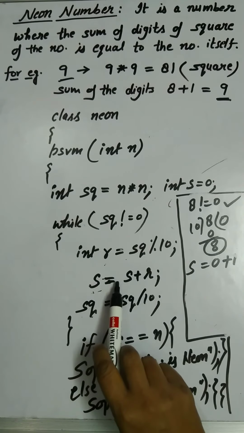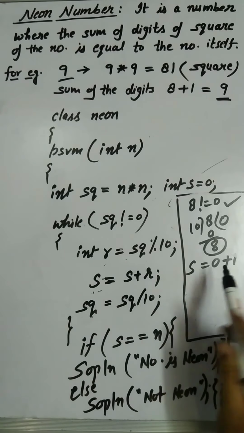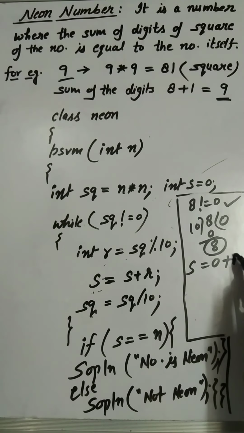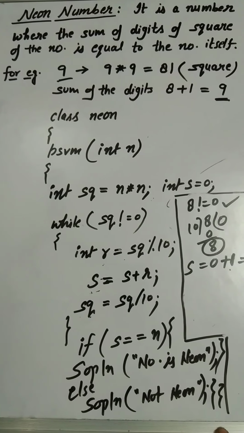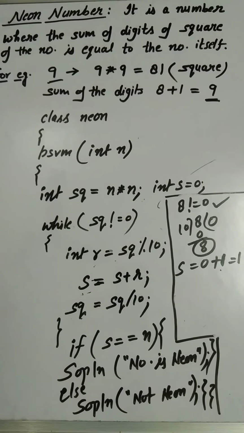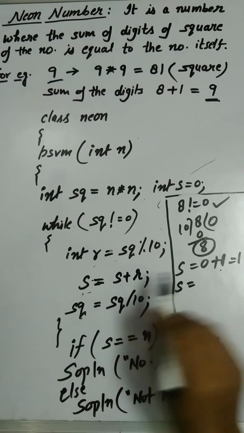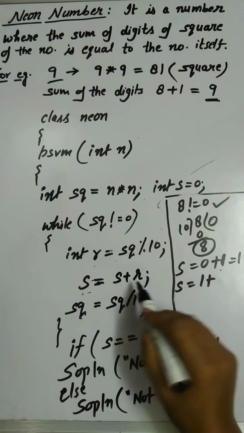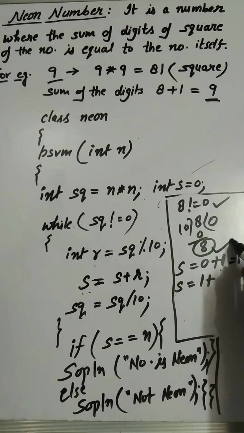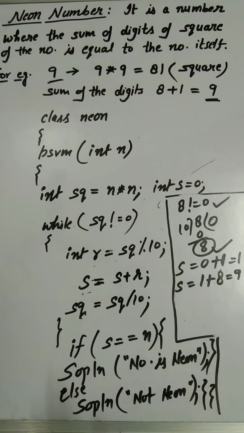Here S is equal to S plus R. In the first execution of the loop, we got S value equal to 1. So next time S is equal to S value 1 plus R value 8. 8 plus 1 is equal to 9.